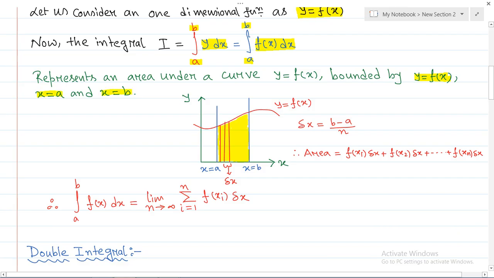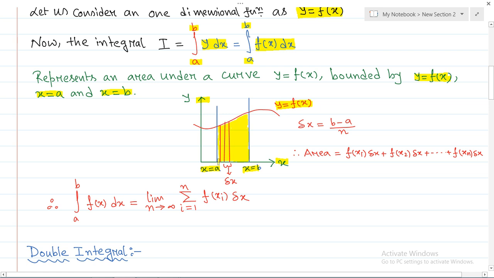Now let us try to imagine the concept through the diagram. Suppose we have the x-axis and y-axis here, and we have the function y equals f(x). Now the points x equals a and x equals b, these 2 points are situated on the x-axis. So how to perform this integration?